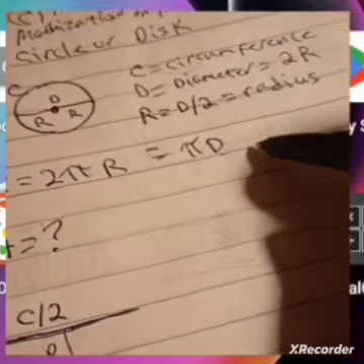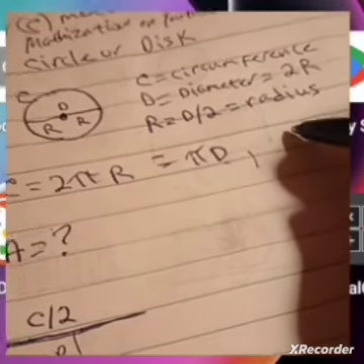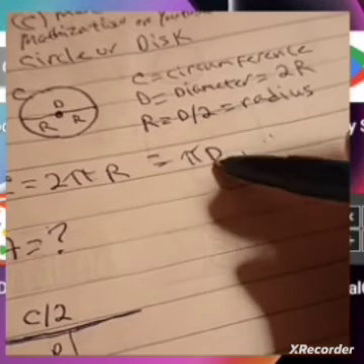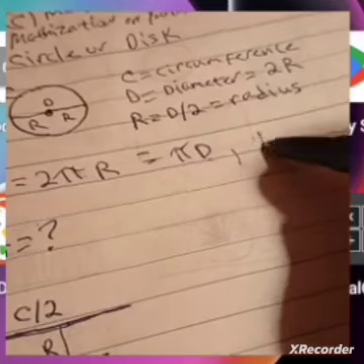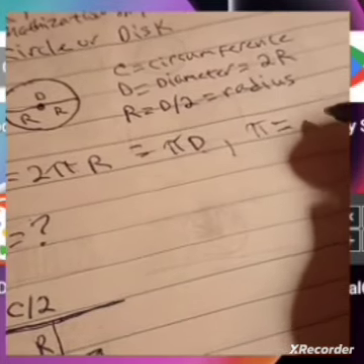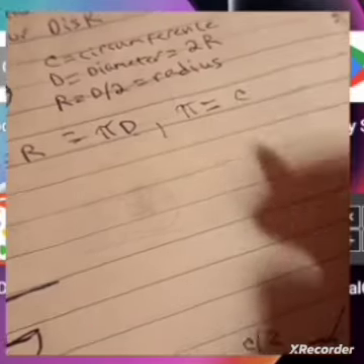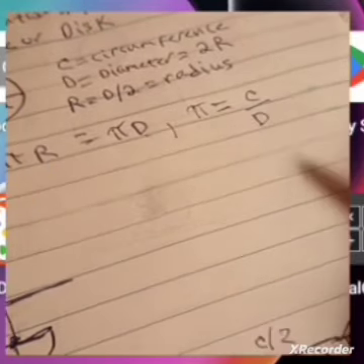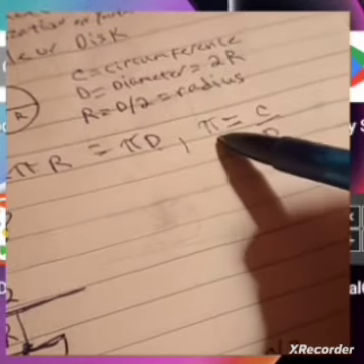And an extra note here is if you were to solve for pi here, it's circumference divided by diameter. For any circle, it's always equal to pi, about 3.14. And it's got a bunch of other digits.